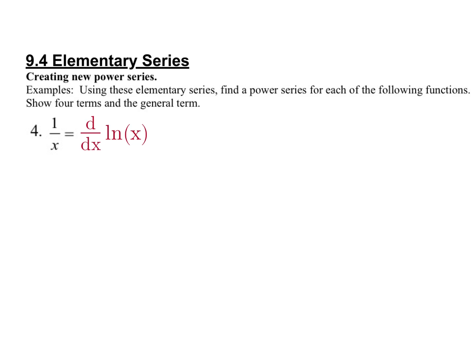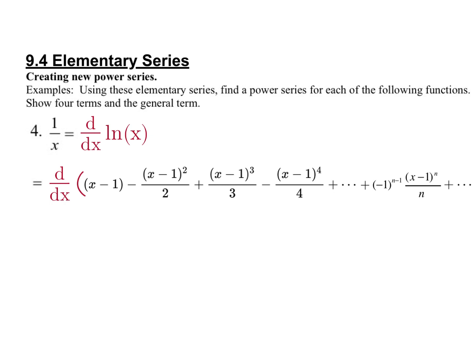And then what we're going to do, since we know what the natural log elementary series is, right? We talked about that on the previous page, and we actually derived it. What we're really doing is taking the derivative of that. That's what 1 over x equals as a power series.